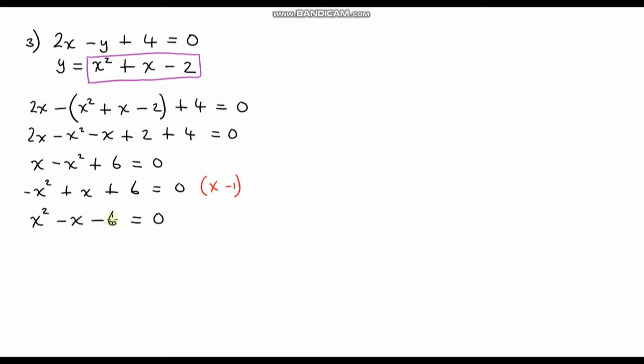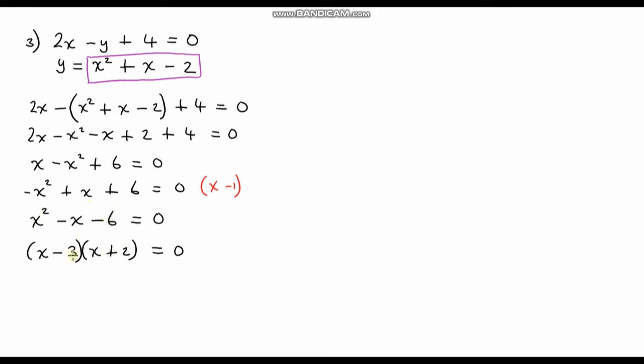So two numbers that multiply together to get negative 6 and add together to get negative 1, that is going to be negative 3 and positive 2. So I can factorise this as x minus 3 times x plus 2, and then that equals 0. And you can again expand the brackets, and just to check, you should be left with this.